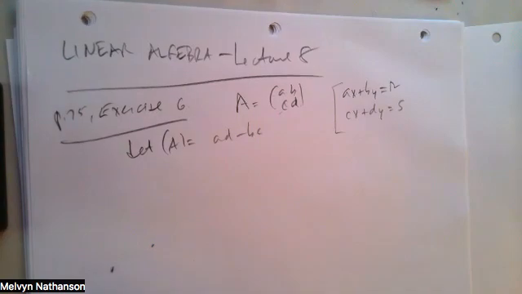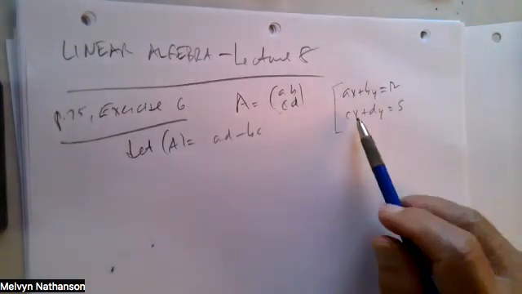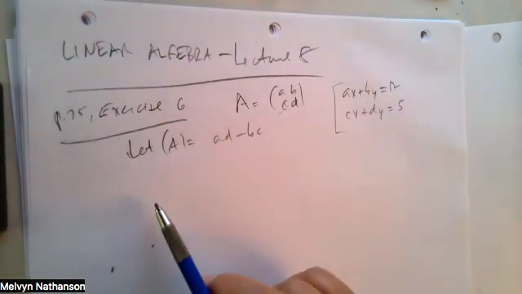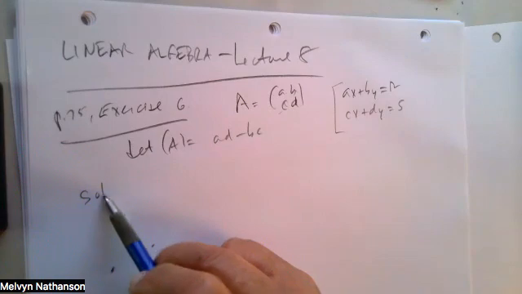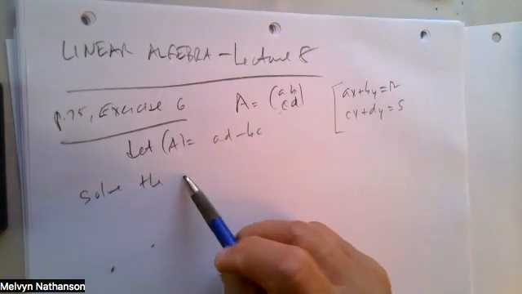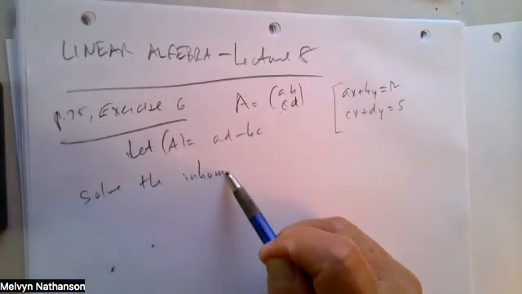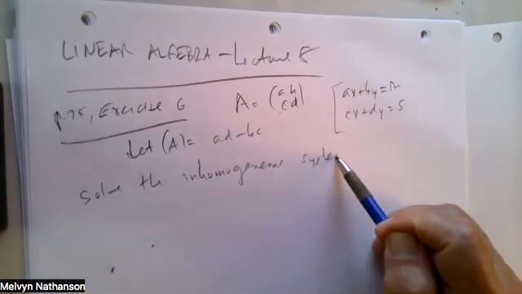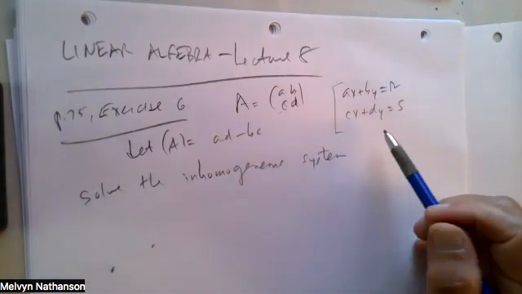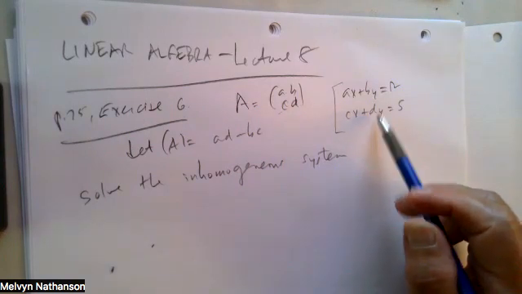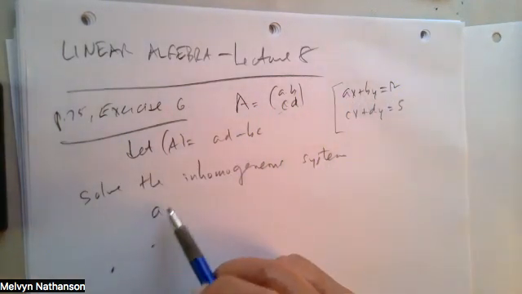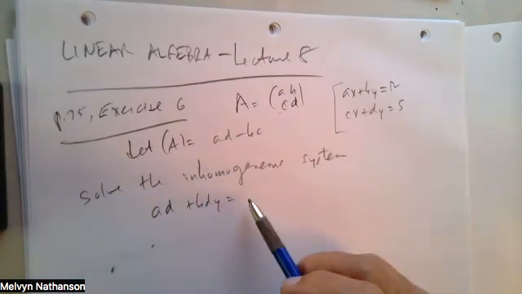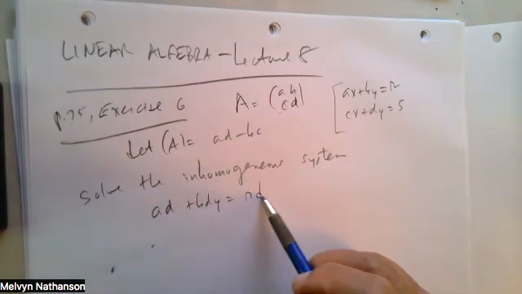Okay, well, let's see. Suppose we just try and solve the inhomogeneous system. So I can cancel the y, for example. I can multiply the first equation by D. I get ADX plus BDY equals RD.